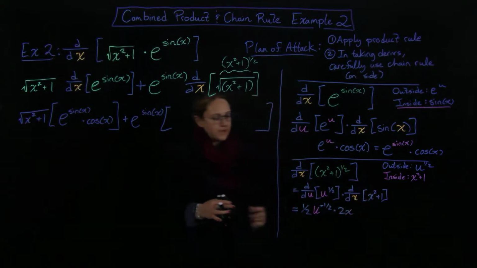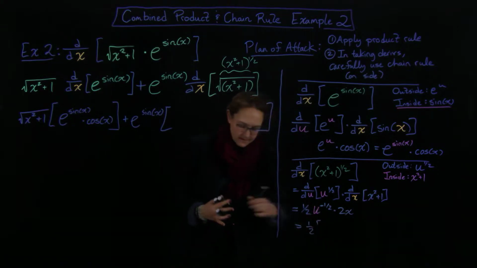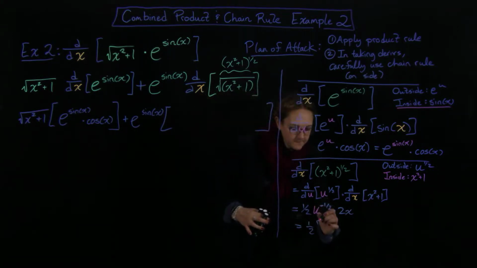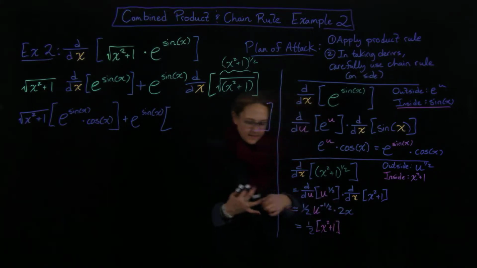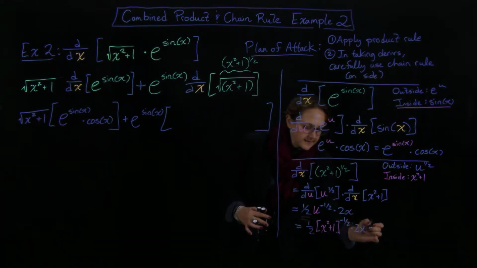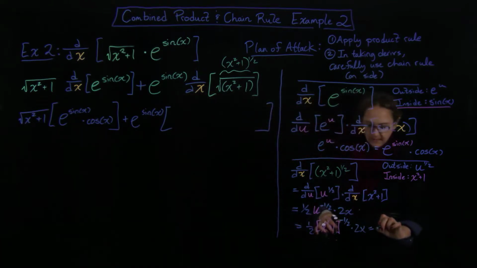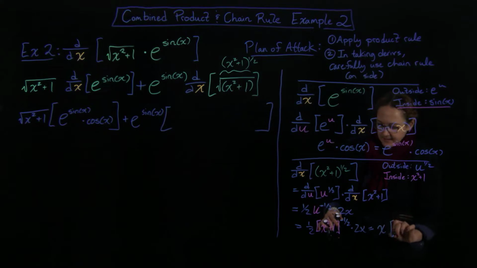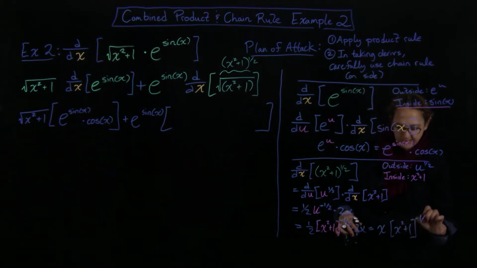And now we have to put back in our u. So this is going to equal 1/2, and then our u is going to be x squared plus 1, and that has to then go to the minus 1/2. And then that needs to be multiplied by 2x. And this could definitely be simplified because I have a 2 and a half. So this is just going to equal x times x squared plus 1 to the minus 1/2.